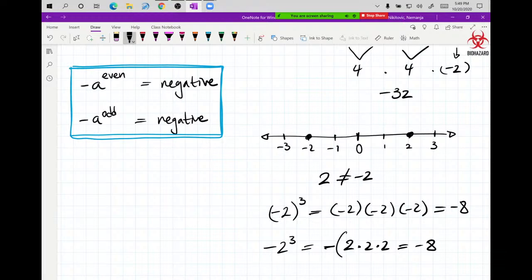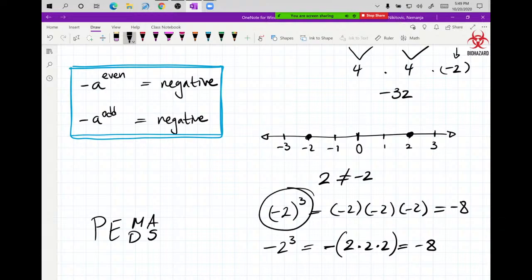So in this sense, you have negative times positive 2 times positive 2 times positive 2. And the reason for this is PEMDAS. So this is not some arbitrary rule that someone put down for you to memorize and then to confuse you.